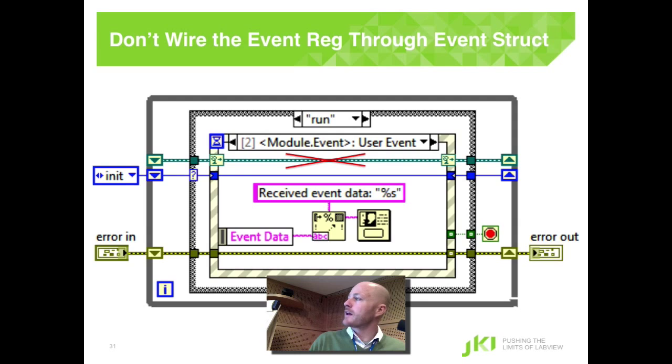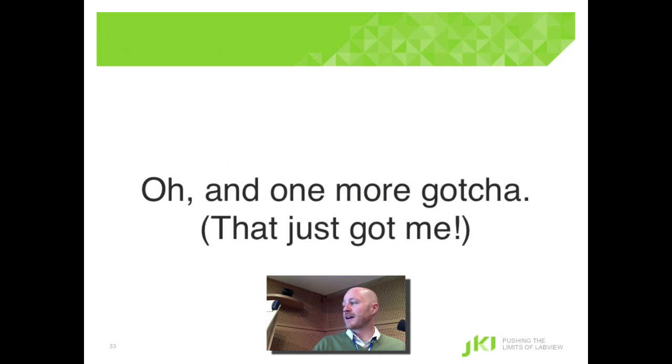And then the other thing you want to make sure here is you don't want to wire this through. There's actually another little gotcha that got me when I was doing this. I was showing the presentation to Philippe yesterday, and he's like, I think we do it the other way.